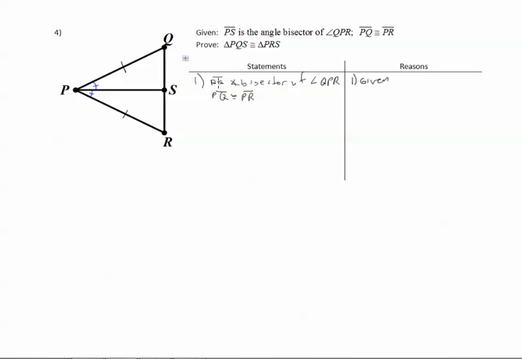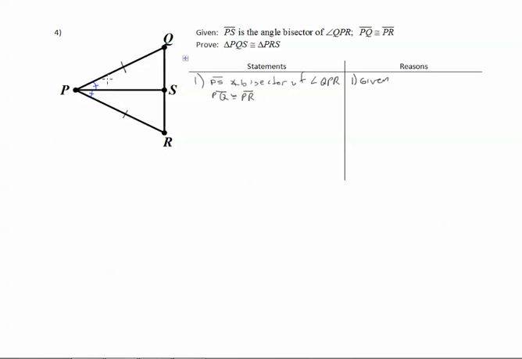But this given doesn't let me step right into this. It sets me up and allows me to make that statement. But I still need to include it in my proof, because all I know now is that this is the angle bisector of QPR, and I could use that to make the follow-on statement, which is angle QPS is congruent to angle RPS. And we'll have to put that in our proof later, so we'll put it in blue for now.